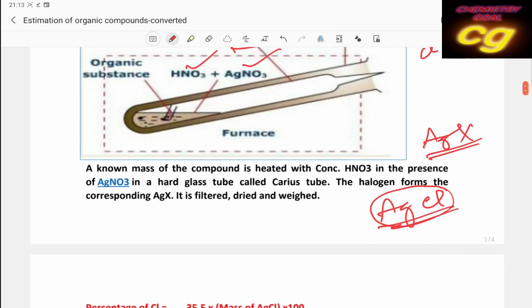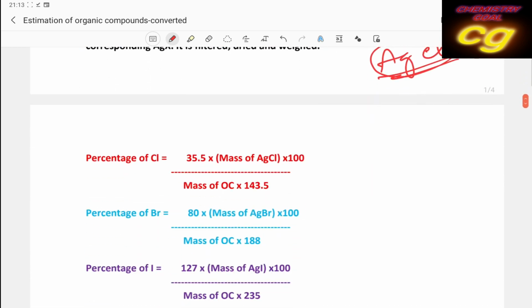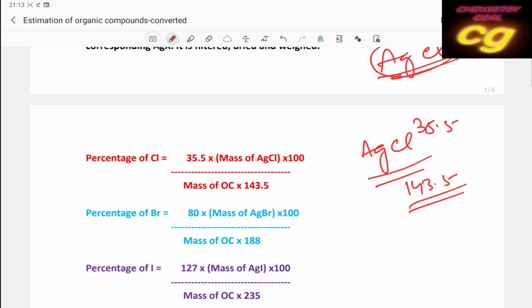Same formula like previous. Suppose silver chloride is produced; chlorine is 35.5 and the molar mass of silver chloride is 143.5. How 143.5? Because 108 plus 35.5, total is 143.5.